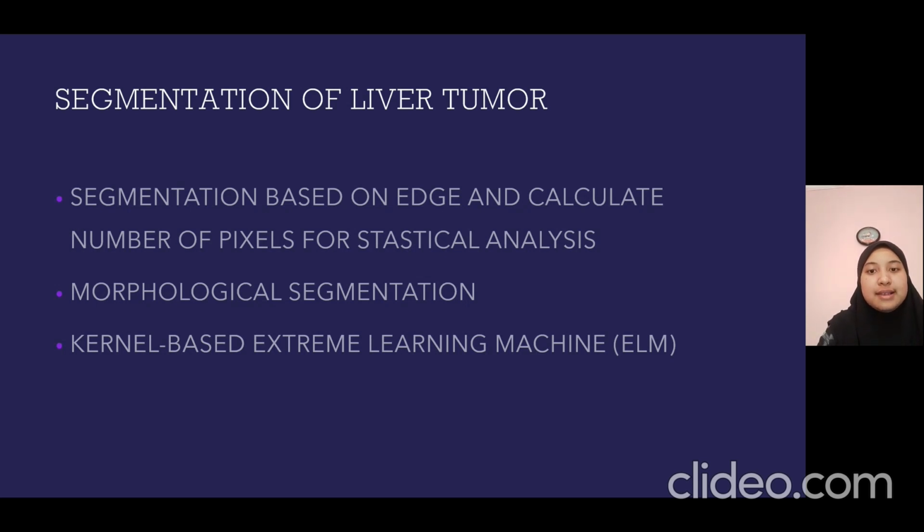Next one is the kernel-based extreme learning machine. This method detects and segments liver tumor voxels in CT scans faster compared to support vector machine. For this one, the features of voxels on triplane are generated and the ELM, extreme learning machine, training data set is built on these features.